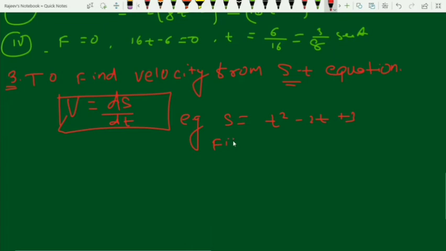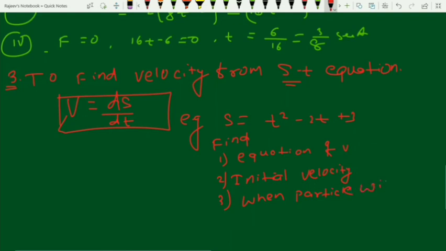They are asking: first, find the equation of V; second, initial velocity; third, when the particle will stop; and fourth, total distance travelled before a stop, or simply you can say total distance, because after a stop it will not travel.